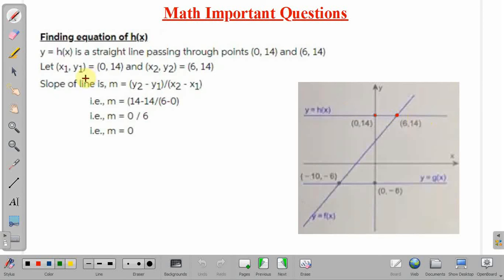So let (x1, y1) equal to (0, 14) and (x2, y2) equal to (6, 14). The slope can be calculated as m equal to (y2 minus y1) divided by (x2 minus x1), which gives m equal to (14 minus 14) divided by (6 minus 0). So the slope will be equal to 0, and from the figure also we can see h(x) is a line parallel to the x-axis.